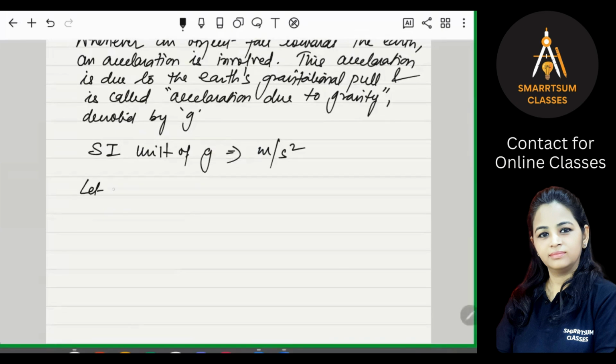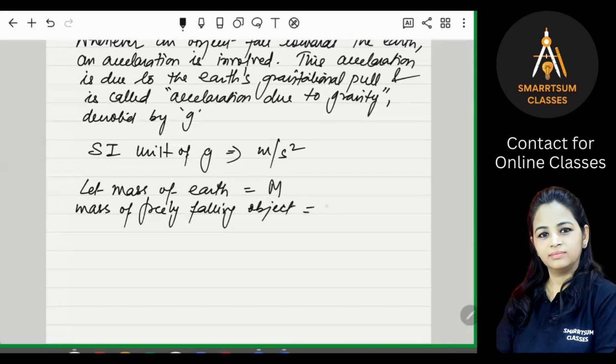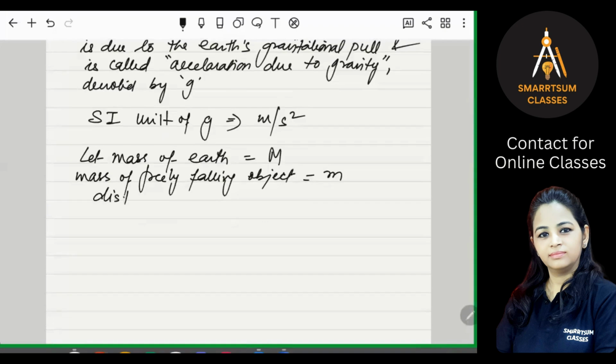So let the mass of Earth be M. And the mass of the freely falling object is suppose small m. Now what is the distance between the Earth and that object? It will be taken as the radius of the Earth, right?